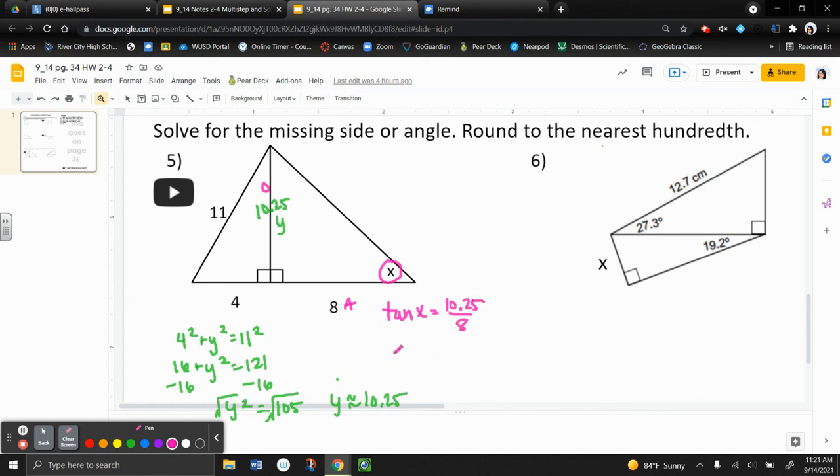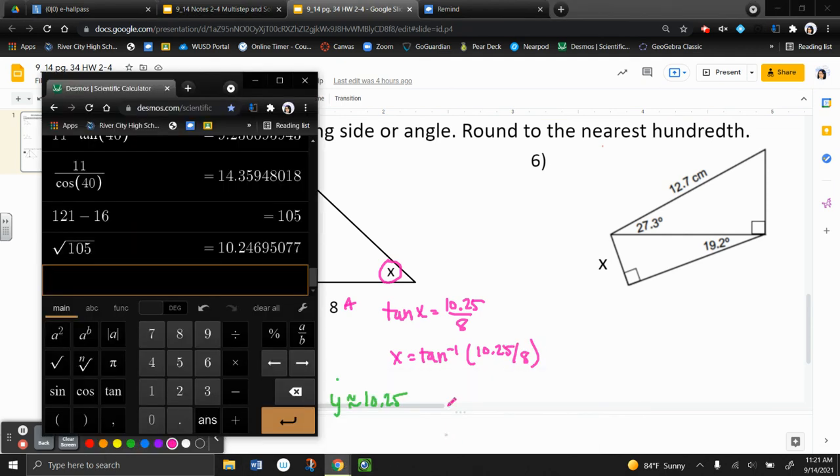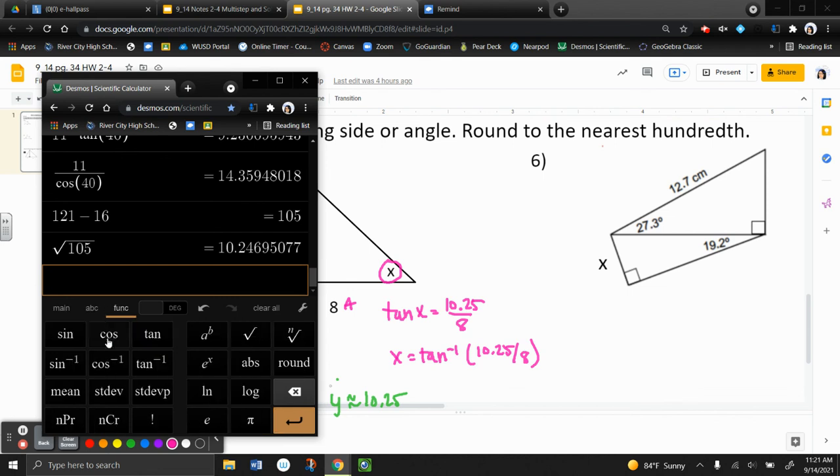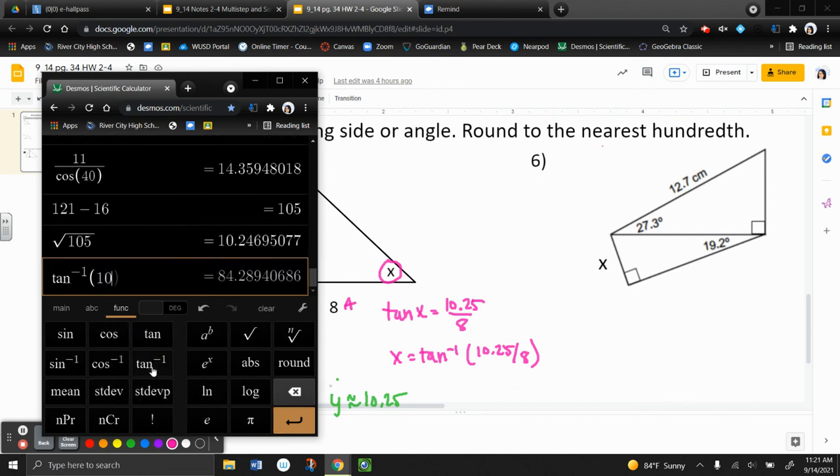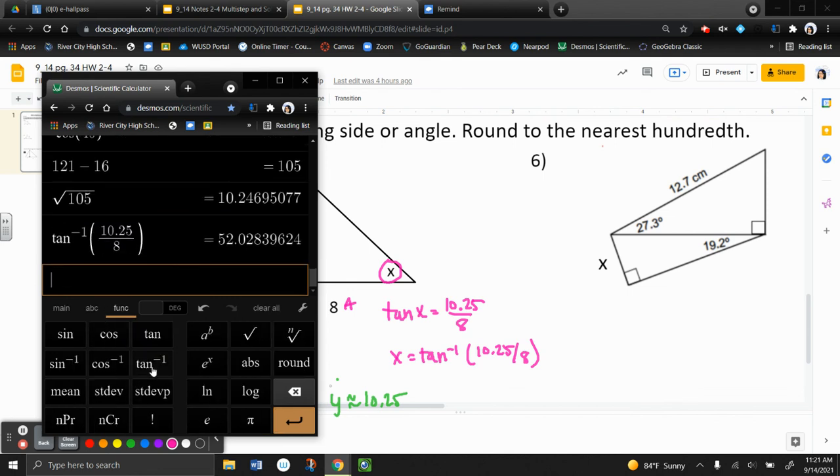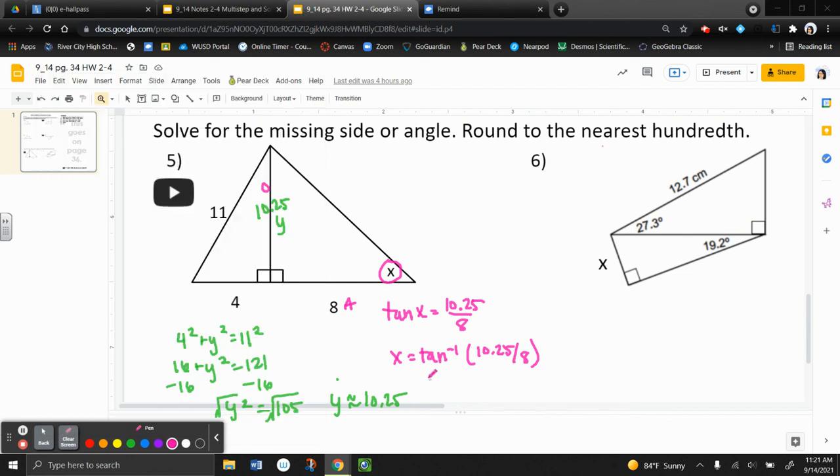And we're going to use inverse tan. So inverse tan, 10.25 over 8. Going to be 52.03. And it is degrees since it is an angle.